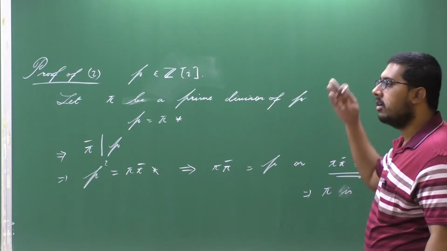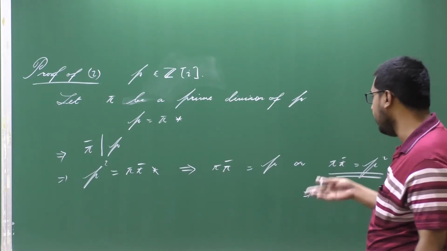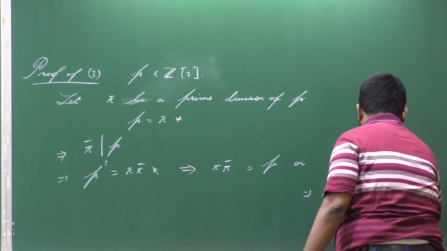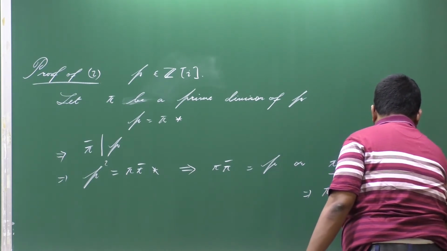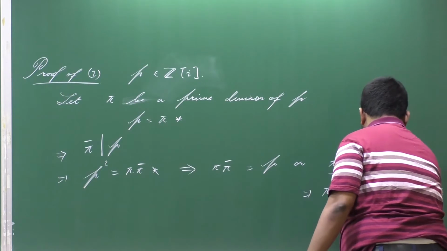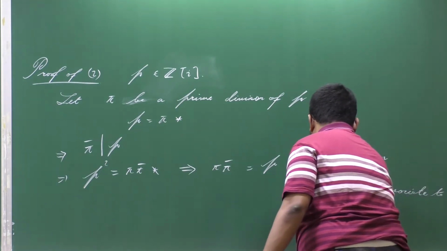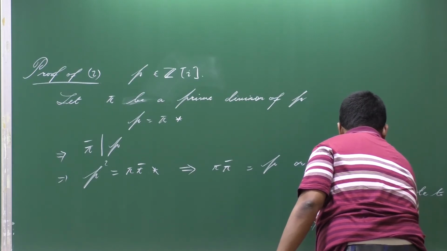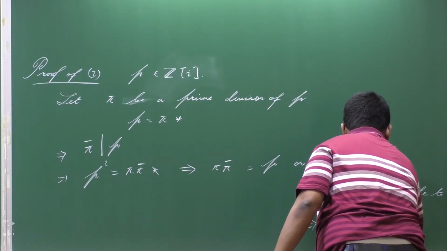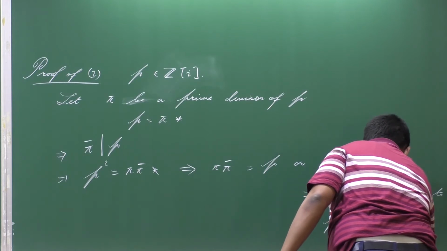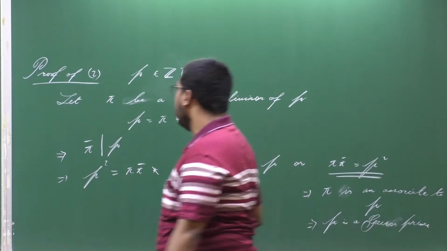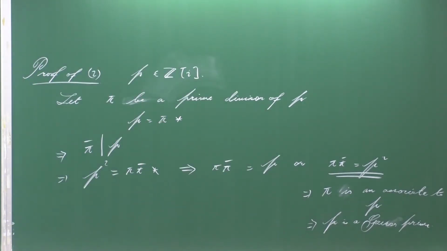That happens only in the situation when pi is an associate to p. So, in this case p is also a Gaussian prime. So, this proves part 2.